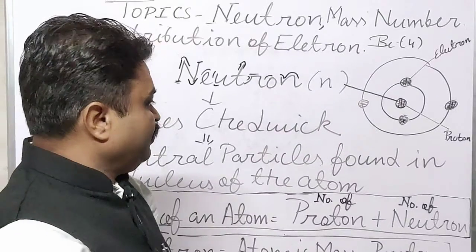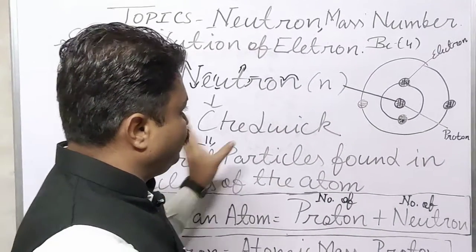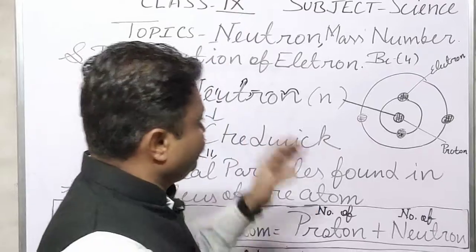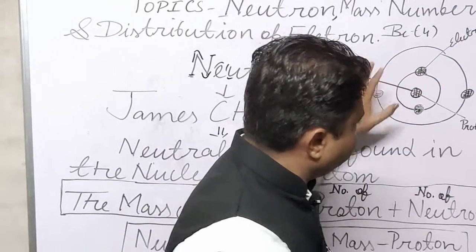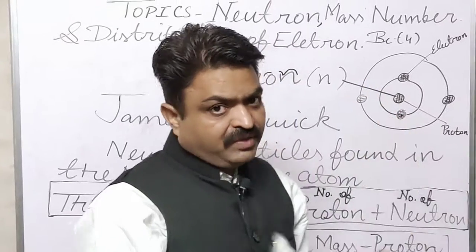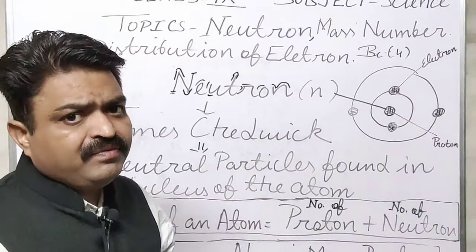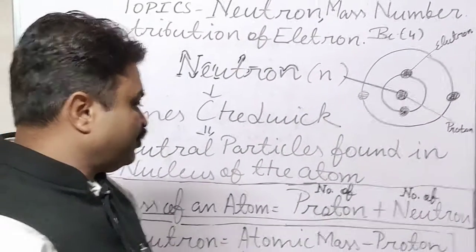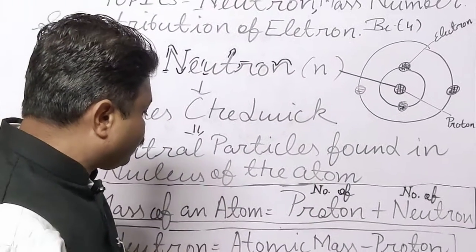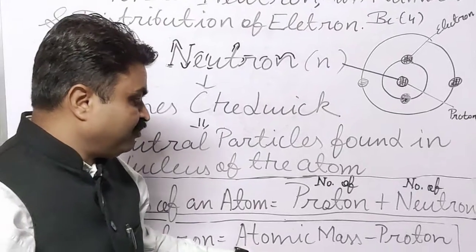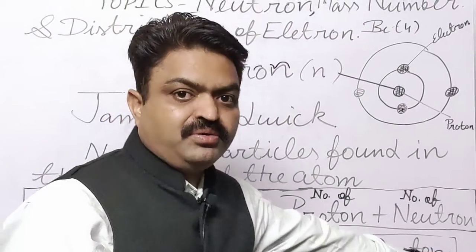And student, another special thing about the neutrons is that they are found in the nucleus and they don't have the charge. And how can we find their number? We can find it with the help of a simple formula. Neutron is equal to atomic mass minus proton.